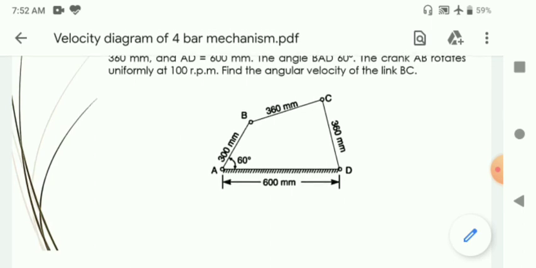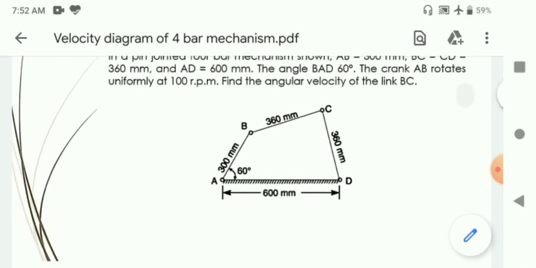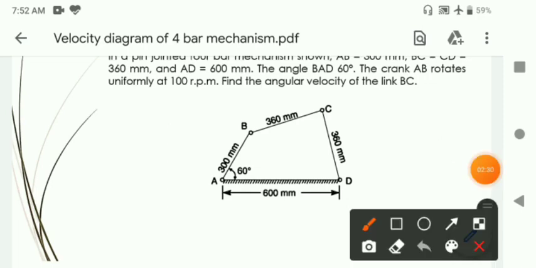Or if you want to enlarge the drawing, then you can scale it up. That depends upon you. Here, the maximum dimension is for the base link, the fixed link AD, that is 600 millimeter. So you can take it as 6 centimeter.